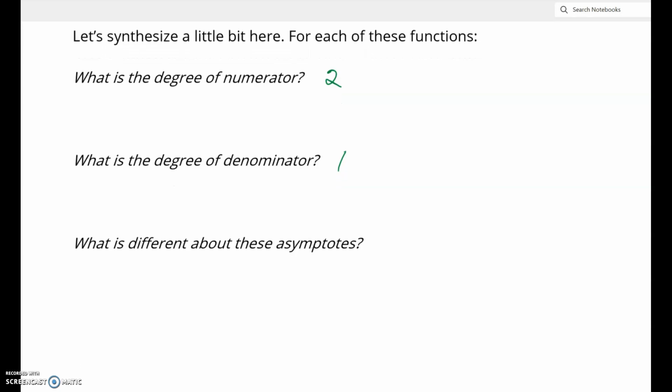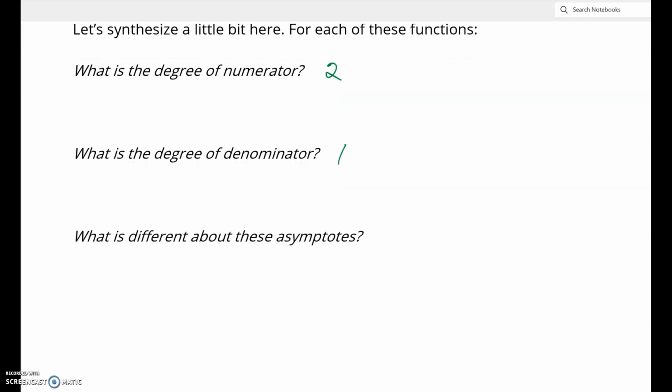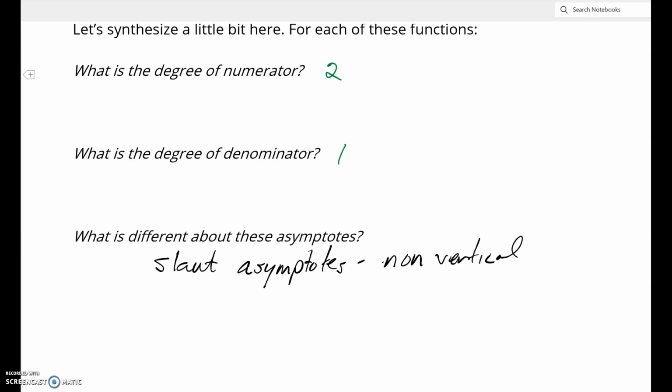What is different about these asymptotes? These are called slant asymptotes. They are non-vertical, and they're non-horizontal. Non-vertical and non-horizontal, both.